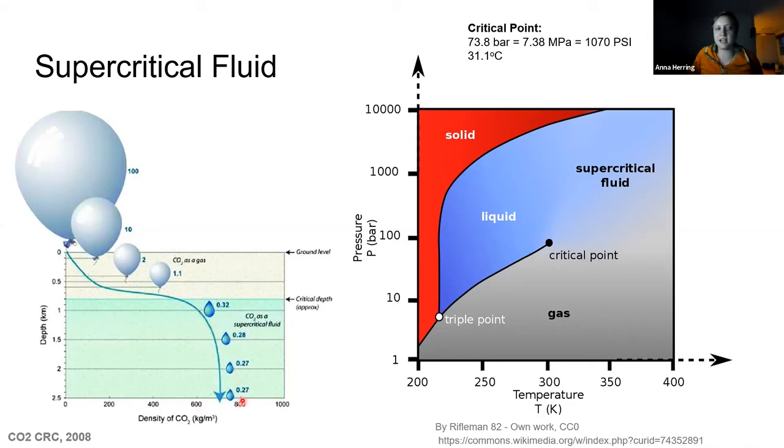But when we get that deep into the subsurface, there's also a geothermal gradient, and so the temperature goes up correspondingly. So when the CO2 gets injected, it is injected basically as a supercritical fluid. This means it's not a liquid or a gas, but has characteristics of both. It's quite dense and it flows like a liquid, but it's still compressible.